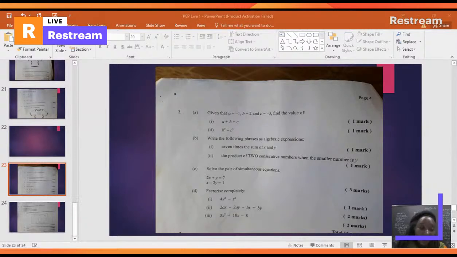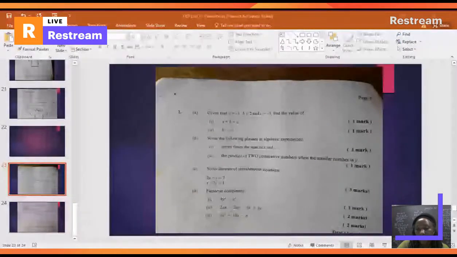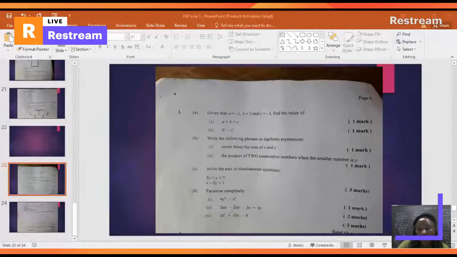So this is a substitution question, algebra, right? Given that A is -1, B is 2, and C is -3, find the value of A plus B plus C. So it will be -1 plus 2 plus -3.